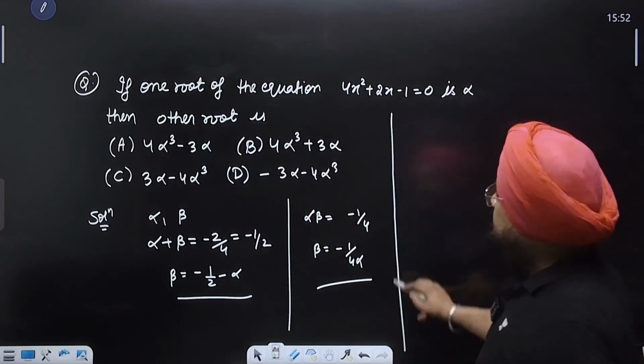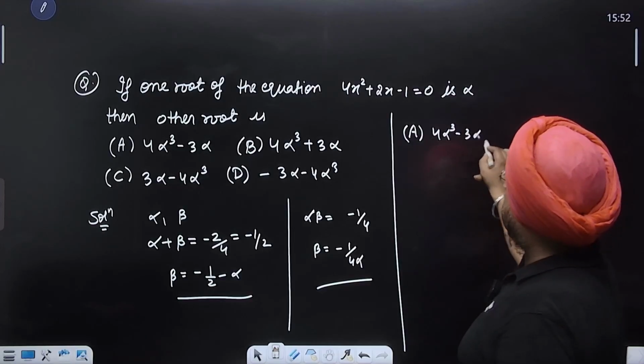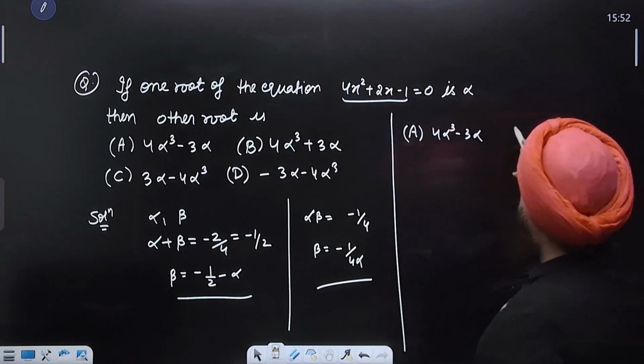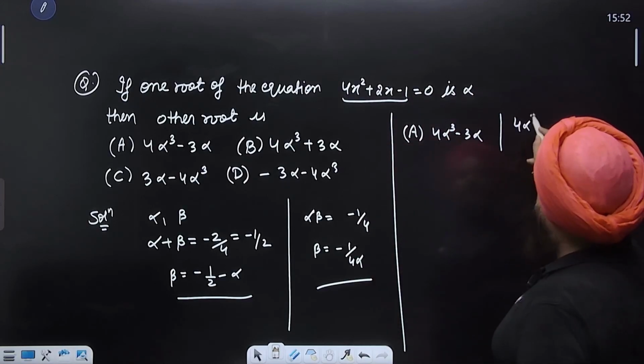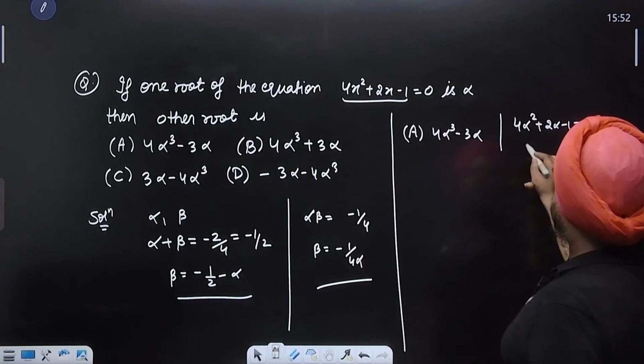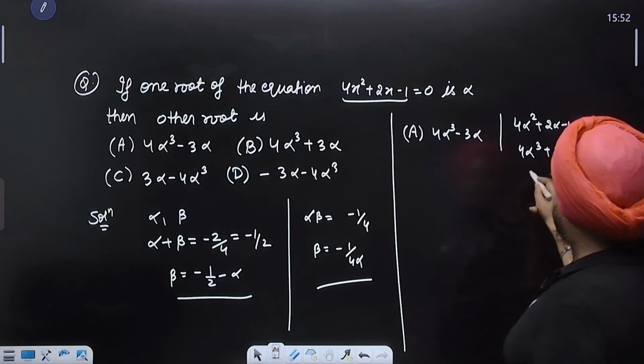So let us check the first option, 4 alpha cube minus 3 alpha. See, if alpha is a root of this equation, then we can say that 4 alpha square plus 2 alpha minus 1 is equal to 0. So 4 alpha cube plus 2 alpha square minus alpha is equal to 0.